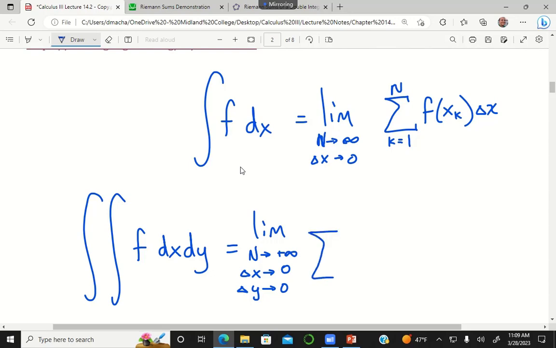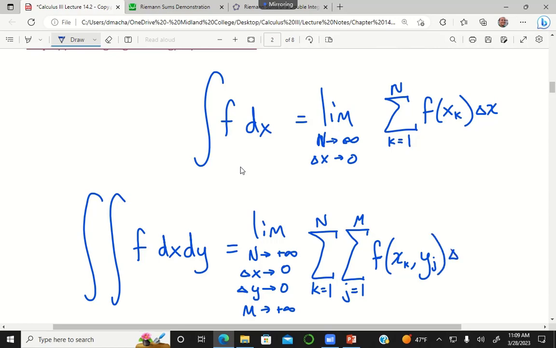And then the way I would write this Riemann sum is it's the sum as k goes from 1 to n of the sum where, let's say, j goes from 1 to m of my function evaluated at some x value that lives inside a given interval and a y value that lives inside a given interval, times delta x delta y.